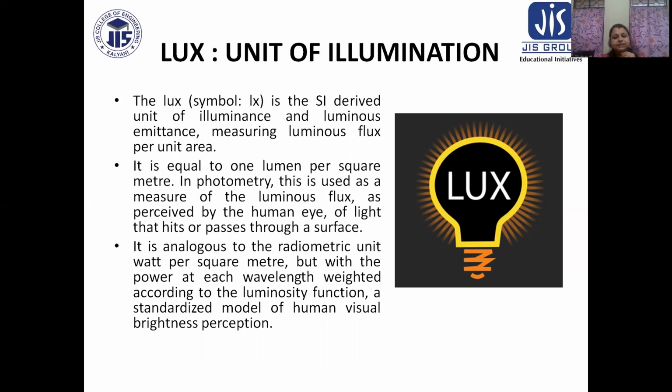In photometry, this is used as a measure of luminous flux as perceived by the human eye of light that hits or passes through a surface. It is analogous to the radiometric unit watt per square meter. But in photometric units, E equals lumens per meter square, with the power at each wavelength weighted according to the luminosity function, a standardized model of human visual brightness perception.